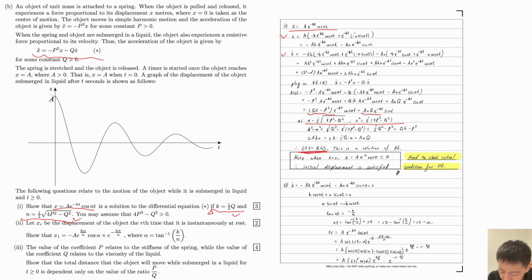Also, we need to check the initial condition for the differential equation, because there are a lot of differential equations that fit this DE due to the plus C restriction. But after you differentiate it, this disappears. After you differentiate this, it becomes 0.